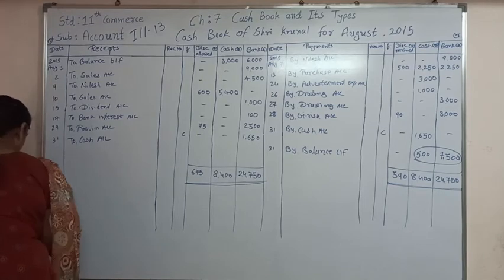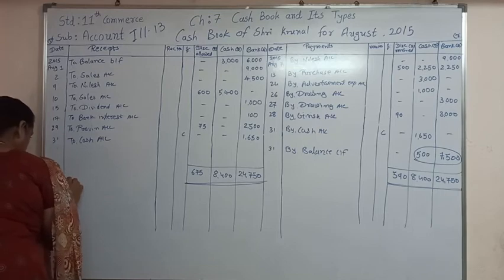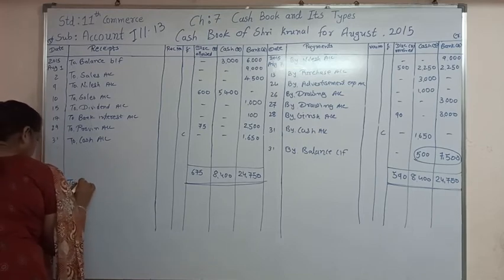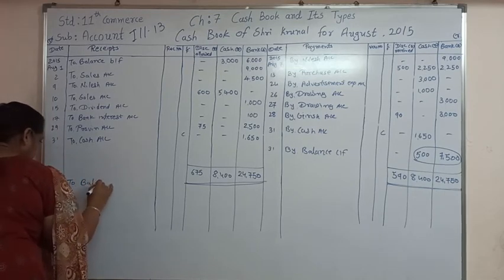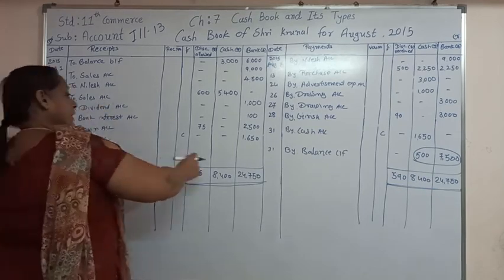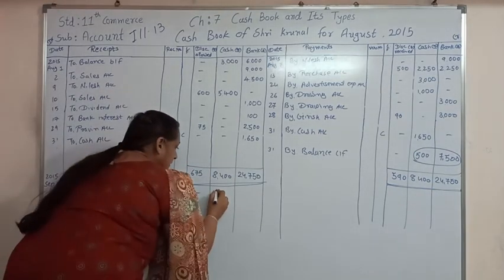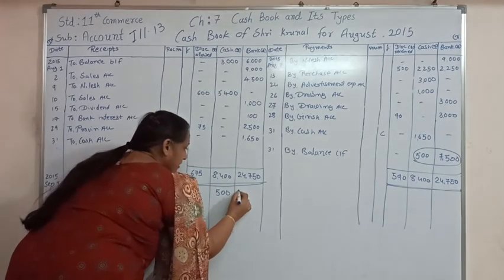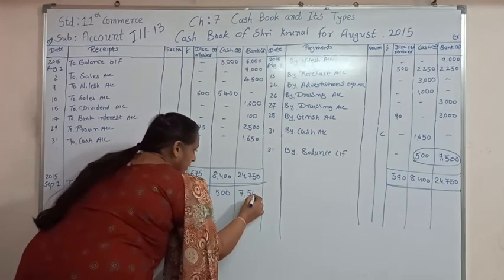September 1st, to balance brought forward, and the amounts will be 500 and 7,500.